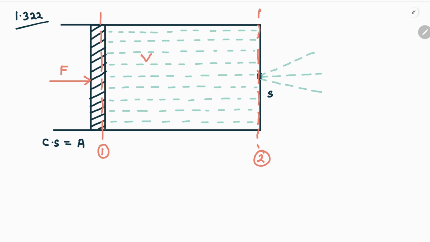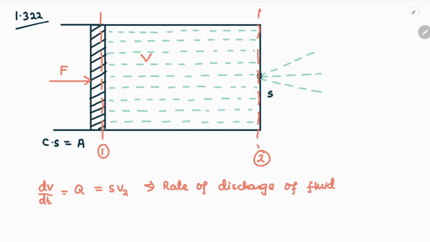So over here, if I write dV by dt, dV by dt is equal to Q, which is the rate of flow of fluid, and it is equal to S V2. This is the rate of discharge of fluid which we have.